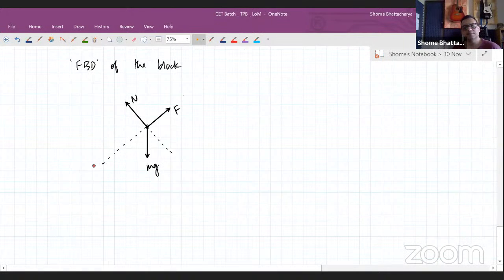So remember, the inclined plane itself is at an angle of theta equal to, in this case, 30 degrees with respect to the vertical, sorry, with respect to the horizontal.